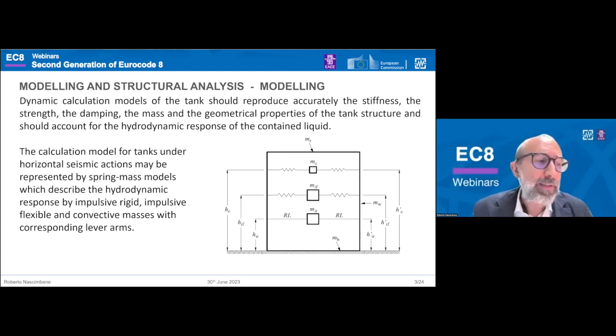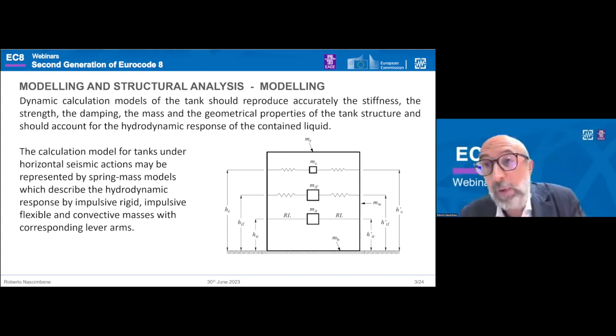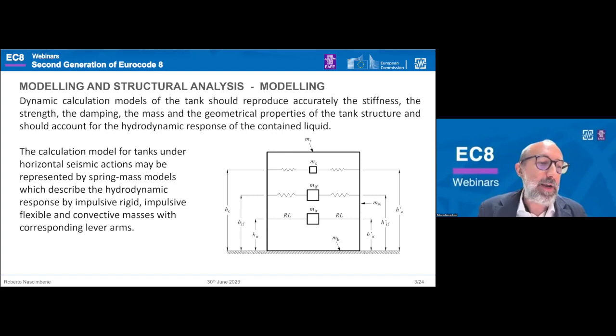I want to just add that steel tank with and without substructure may be analyzed assuming linear elastic behavior, and reinforced concrete and pre-stress precast reinforced concrete tank with or without substructure may be analyzed assuming linear elastic behavior.